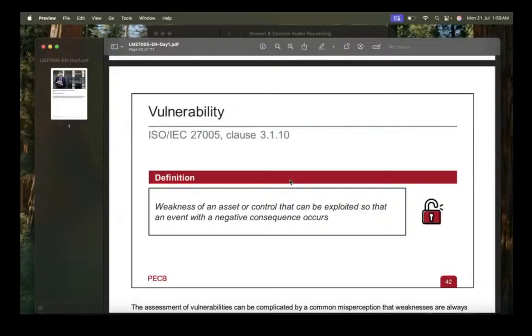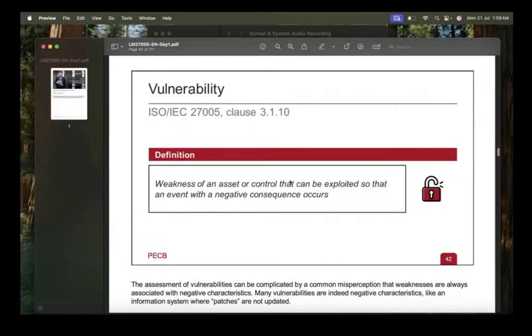This confirms the definition given here, that it is a weakness of an asset or control that can be exploited so that an event with negative consequence occurs. So if there is any weakness in the asset or in the process and it is exploited, then a negative consequence occurs. This is basically what vulnerability is about.